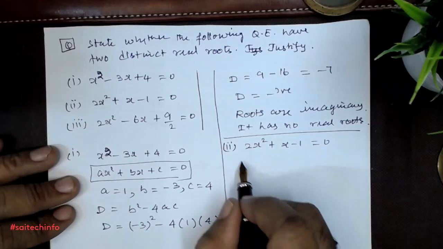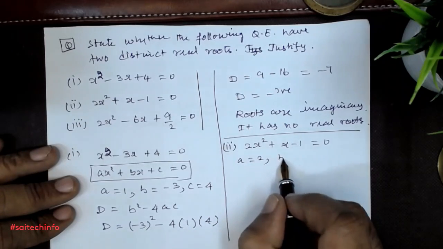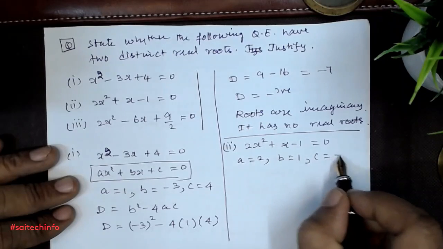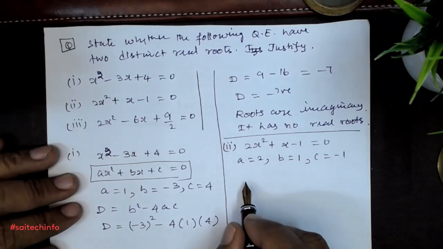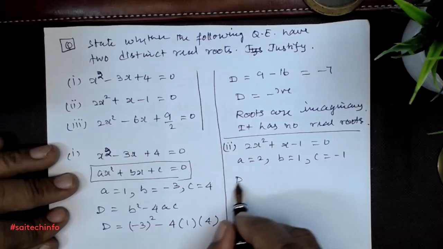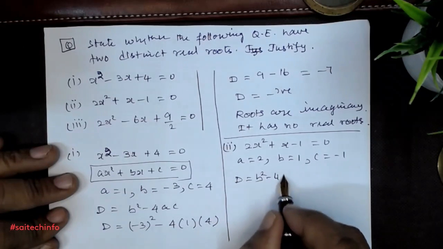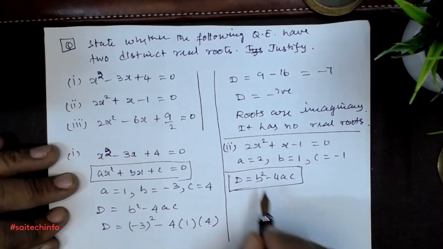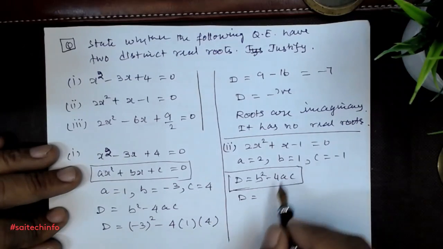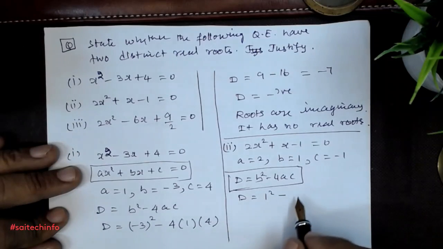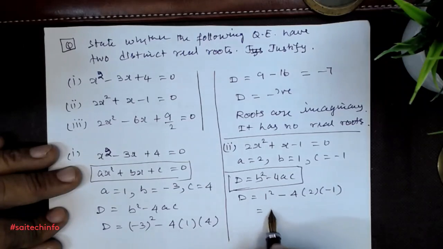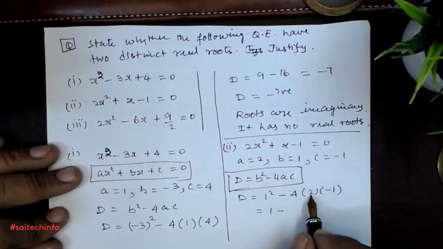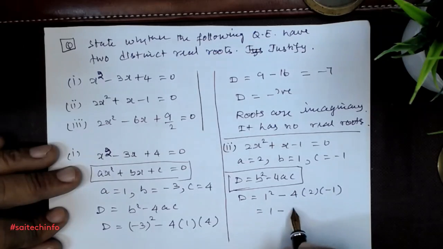Now what is a? a is equal to 2, b is equal to 1, c is equal to minus 1. d is equal to b squared minus 4ac, so 1 squared minus 4 into 2 into minus 1, that is 1 plus 8, which becomes 9.